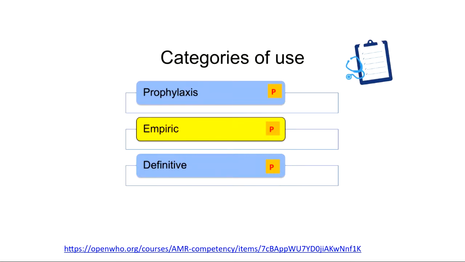For definitive, there is not much problem, because you have the culture and the sensitivity, but you have to select wisely based on the site of infection, based on the type of patient you are treating. You have to have more data about pharmacokinetics and pharmacodynamics, and select according to the indication. For prophylaxis also, there is not much issue because there is a clear guideline.